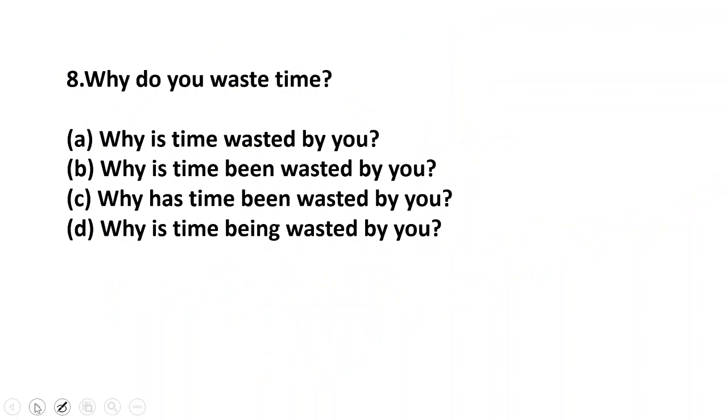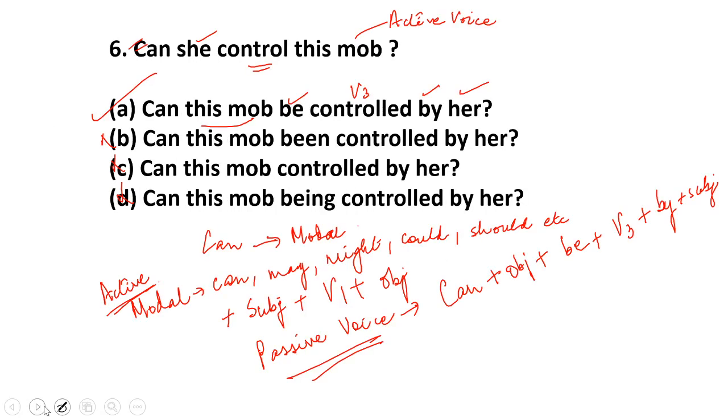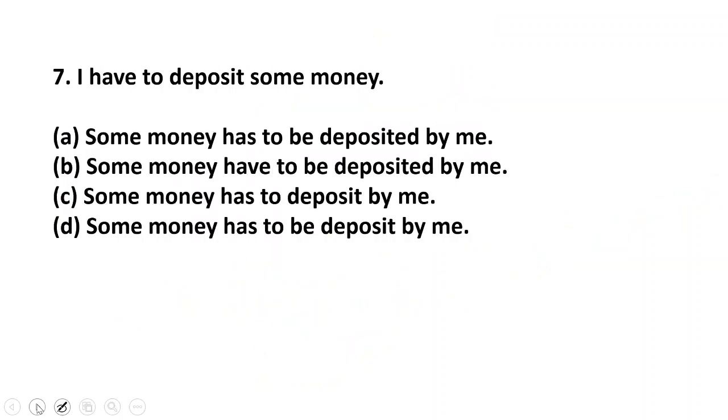Now next sentence. I have to deposit some money. I was telling you this had come in the previous year question paper. I have to deposit some money. So here you see, this is very simple. This is in active voice.